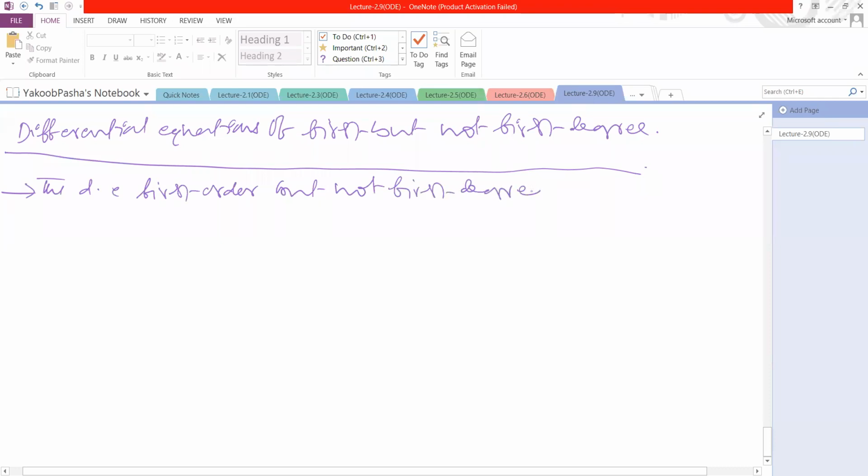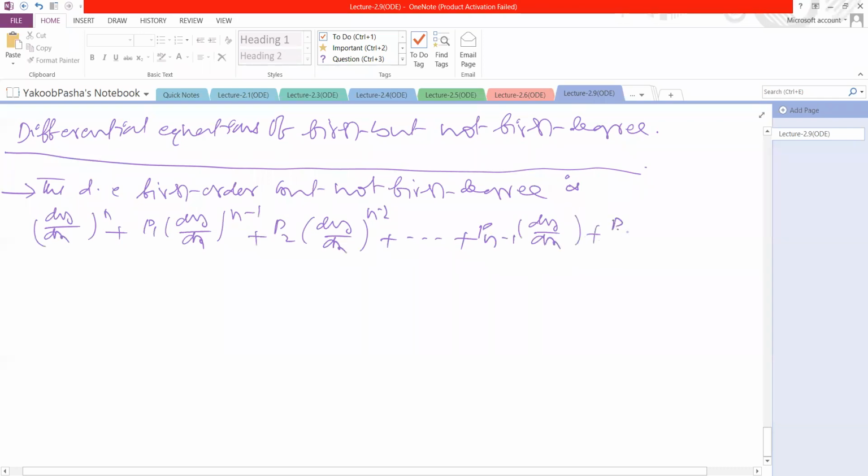first degree is, I'm writing directly, dy by dx whole to the power of n plus p1 dy by dx whole to the power of n minus 1 plus p2 dy by dx whole to the power of n minus 2 plus and so on, pn minus 1 dy by dx plus pn y is equal to 0, where p1, p2 up to and so on pn are constants or functions of x y.